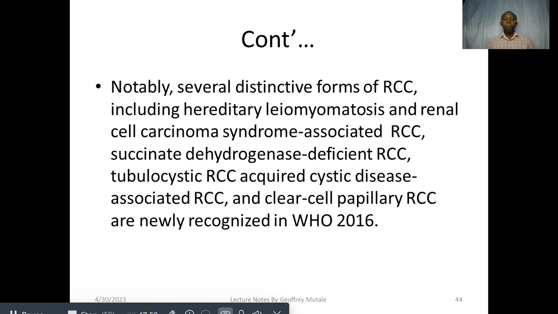Notably, several distinctive forms of RCC, including hereditary leiomyomatosis and renal cell carcinoma syndrome associated RCC, succinate dehydrogenase deficient RCC, tubulocystic RCC, acquired cystic disease associated RCC, and clear cell papillary RCC are newly recognized in the WHO guidelines of 2016.